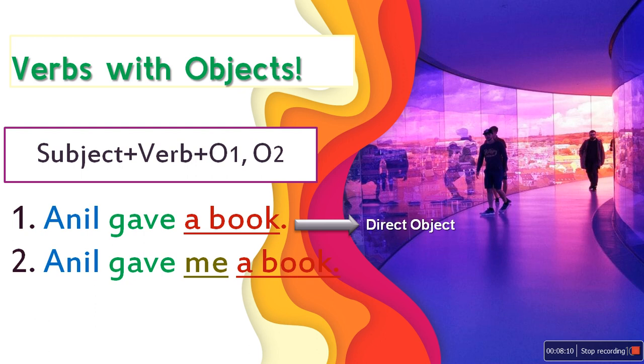Anil gave, what he gave? A book. So a book is the direct object. To whom? Me. So me is the indirect object. Clear? If a verb has an object in a sentence, that verb is called transitive verb. In short, we'll come to know, right?